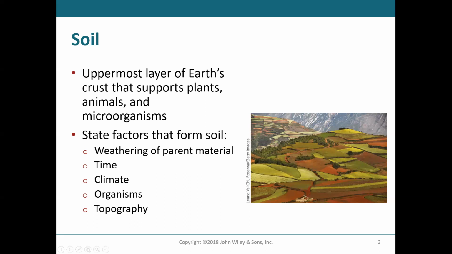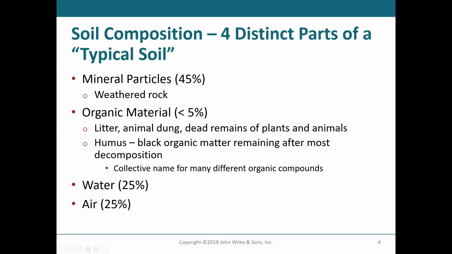So, what forms soil? Well, the weathering of parent material, the time, climate, organisms, and the topography. Soil composition, the four distinct parts of a typical soil. Well, here you see them: mineral particles, organic material, water, and air.